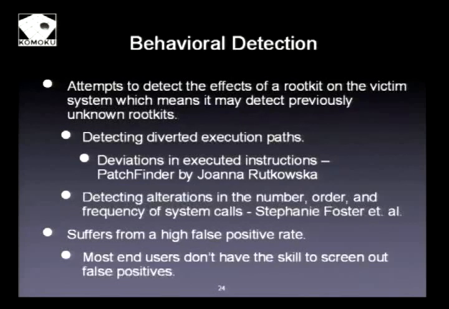Really what it comes down to is they were trying to come up with an approximation for the normal operation of that system. If you have a very, very constrained system, that's doable, and you won't get many false positives because the operations on that system are very constrained. But if you take a general purpose system, like what we're used to using on our laptops or desktops, you just load up Internet Explorer and you're going to see a litany of activity that is beyond normal by these state machines.